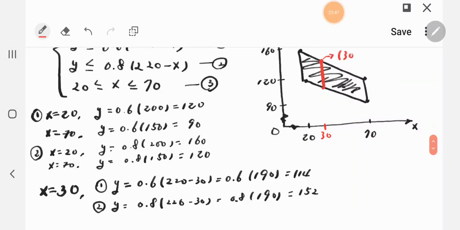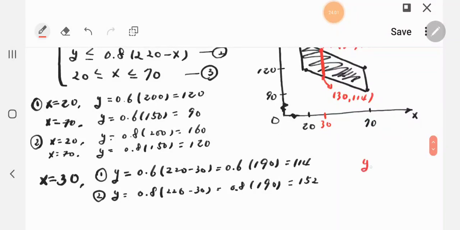When x equals 30, the y value is 152 for this one, and if the age is 30, then the heart rate will be 114 for the other. So y should be less than 152 and greater than 114. This should be the range of the heart rate for the person whose age is 30.